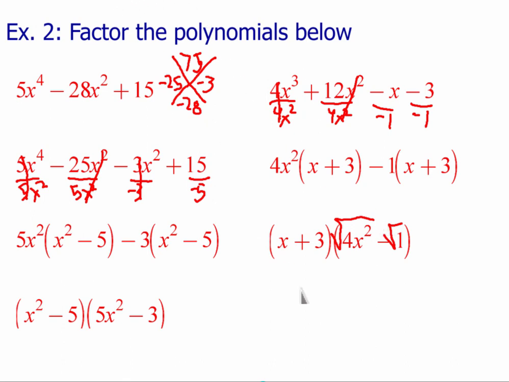The square root of 4x squared, square root of 4 is 2, square root of x squared is x, square root of 1 is 1. So this becomes 2x minus 1 times 2x plus 1. So this actually has another step where I have to factor again, and my answer ends up being x plus 3 times 2x minus 1 times 2x plus 1. And this is how you can factor polynomials that have a degree which is bigger than 2.